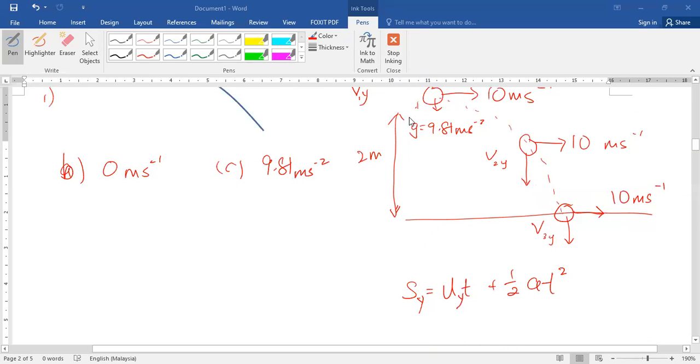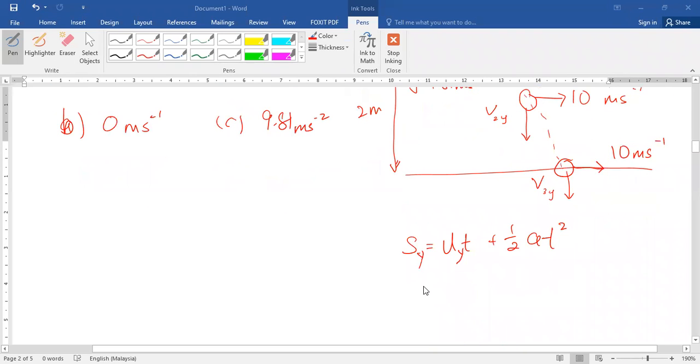Now I want to find the Y component. Sy, as we know the height is 2 meters. 2 meters equals initially 0 times t plus 1/2, when falling down, the acceleration is 9.81 t squared.